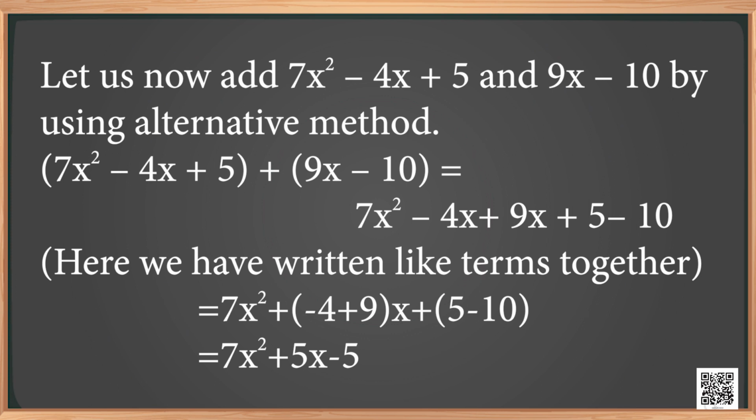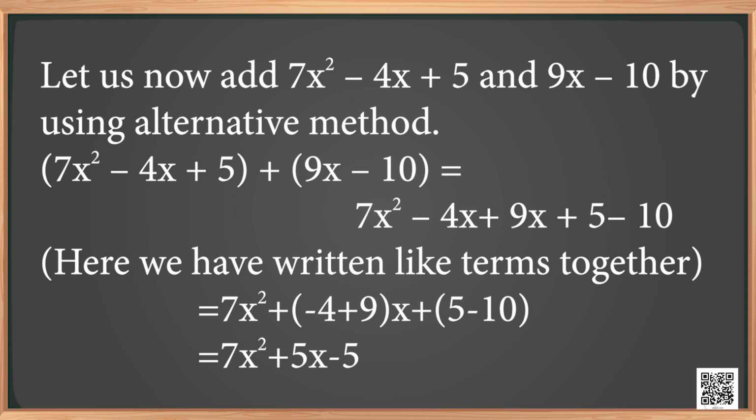Here we have written like terms together. Please observe, we have taken x as common from the terms minus 4x and 9x, which is equal to 7x square plus 5x minus 5.